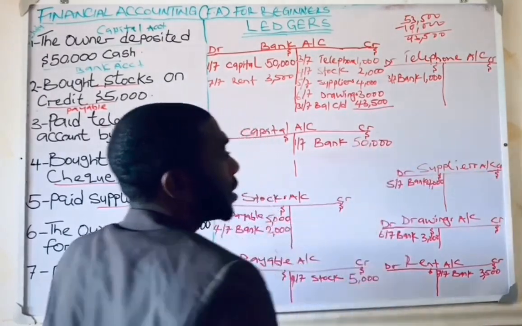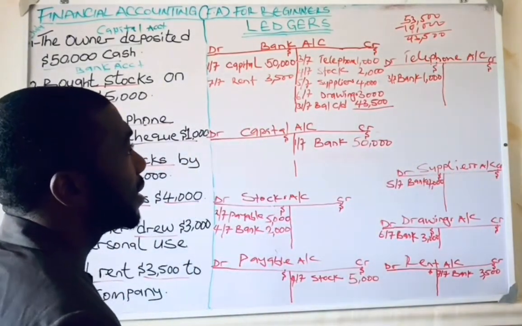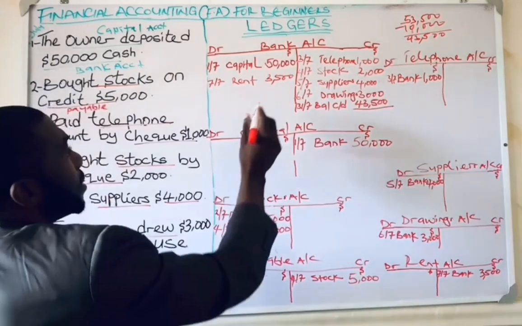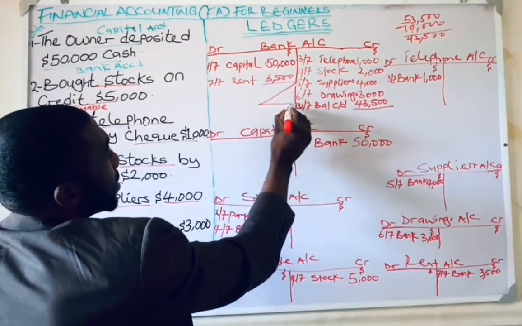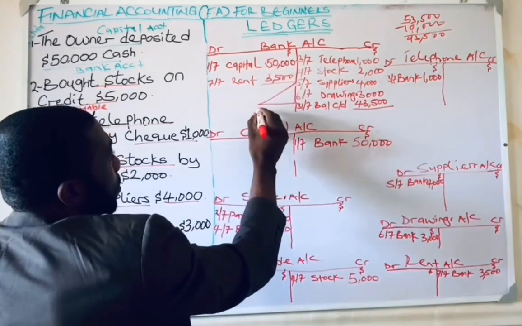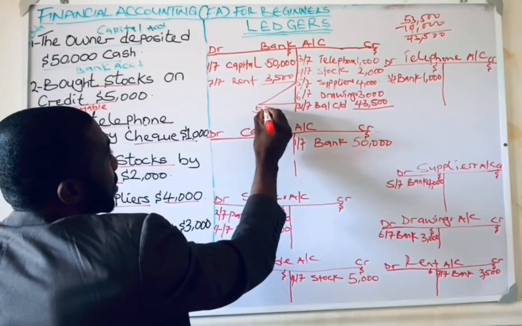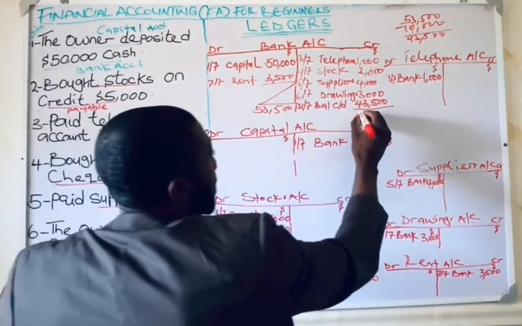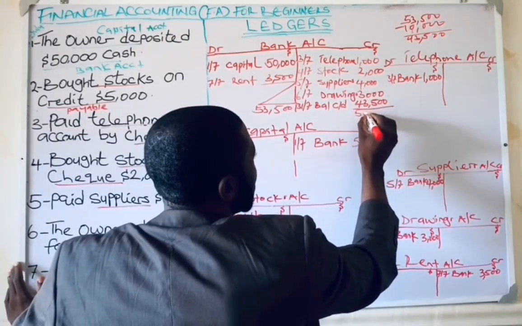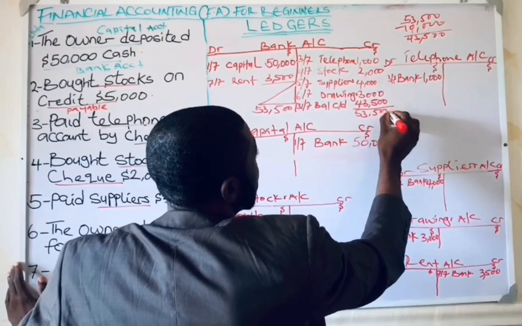That is our balance carried down. Now, if you add it up, you will get 53,500 here, and here is 53,500, the same thing.